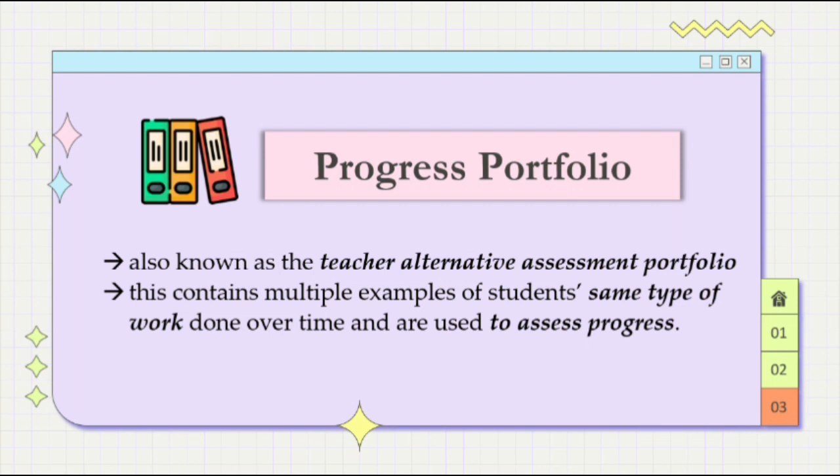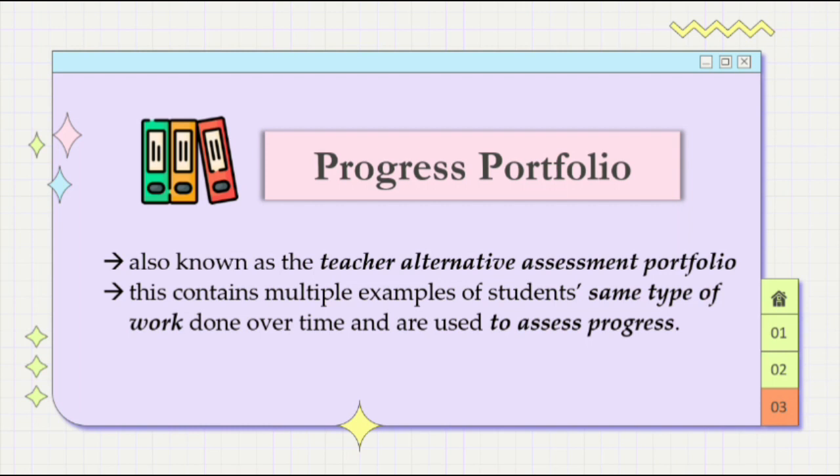It still happens on the second try, then the third try, until the students can perfect the writing of the alphabet. So we can see that in the progress portfolio, the same work is being done and being documented according to stages and according to progress.